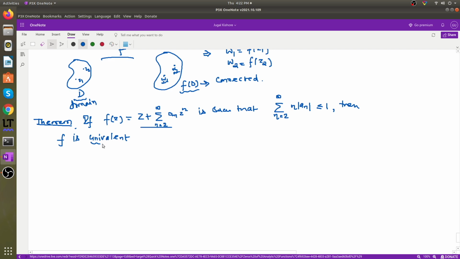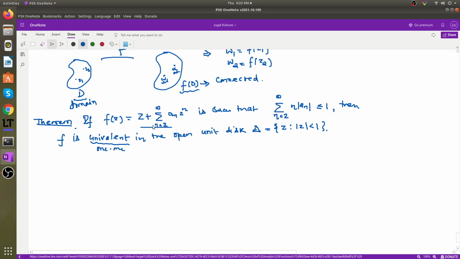Here by univalent we mean that it is one-one. It is univalent in the open unit disk, delta, the set of z such that |z| is less than 1.